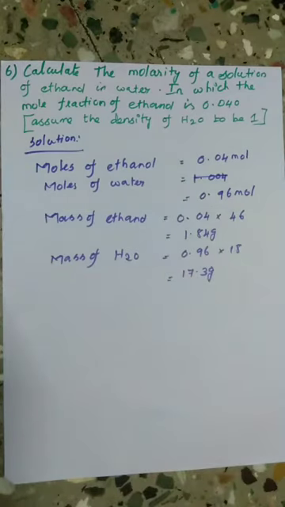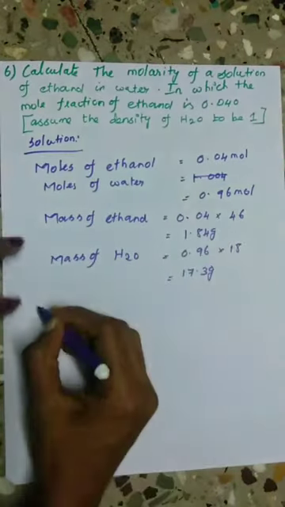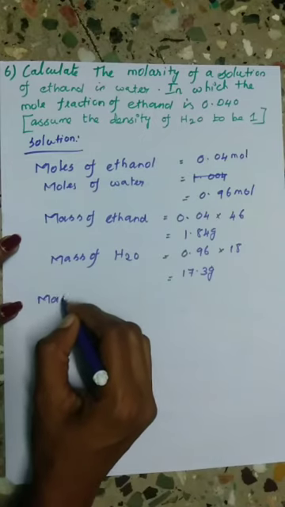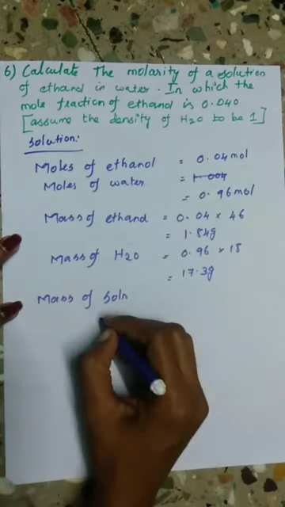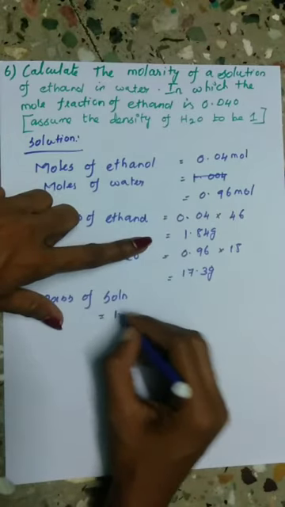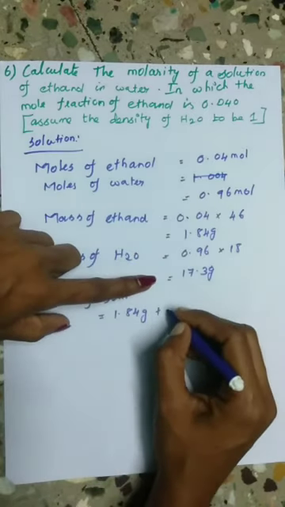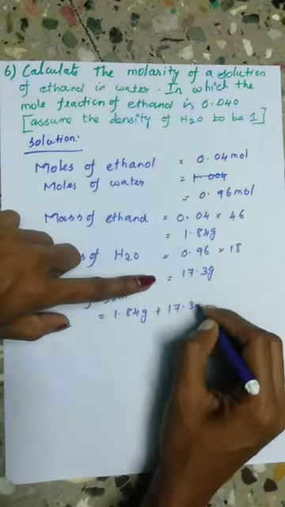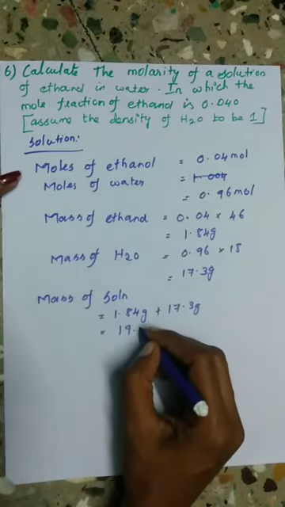Then we have to find the mass of the solution of ethanol and water. So the mass of the solution is 1.84 gram plus 17.3 gram of water, so the answer is 19.1 gram.